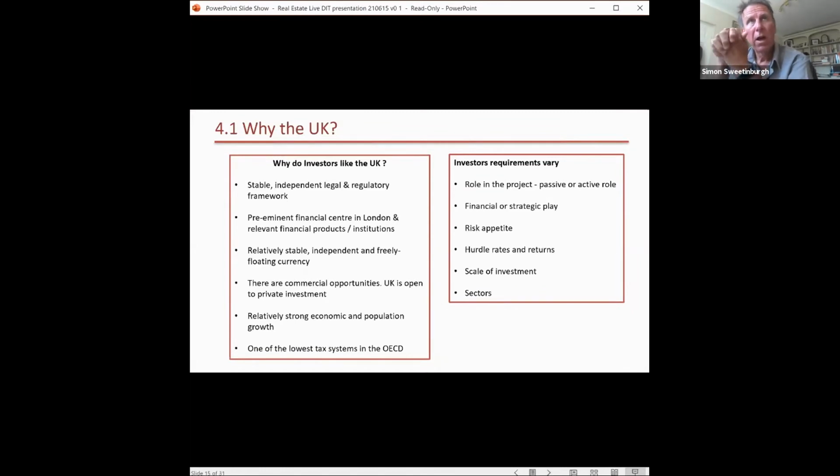And I guess there are many overseas investors that you already know about that are in the UK, but there are plenty more that aren't. And so the supply-demand equation is really significant here.